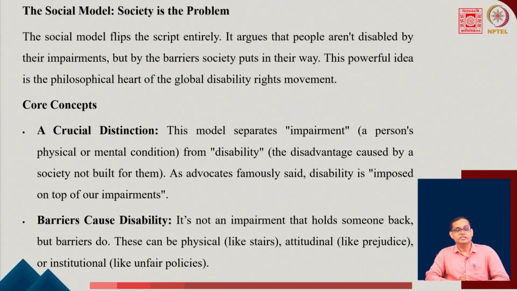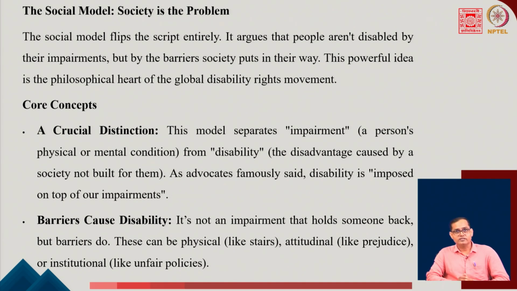The core concepts related to social model of disabilities are a crucial distinction. This model separates impairment, that is a person's physical or mental condition, from disability, that is the disadvantage caused by a society not built for them.